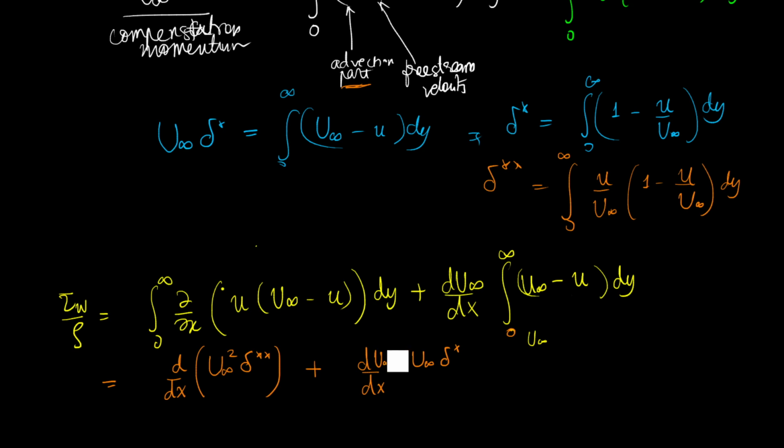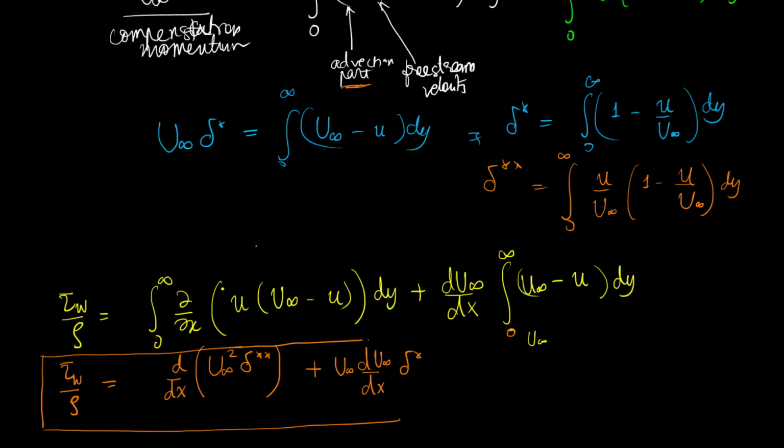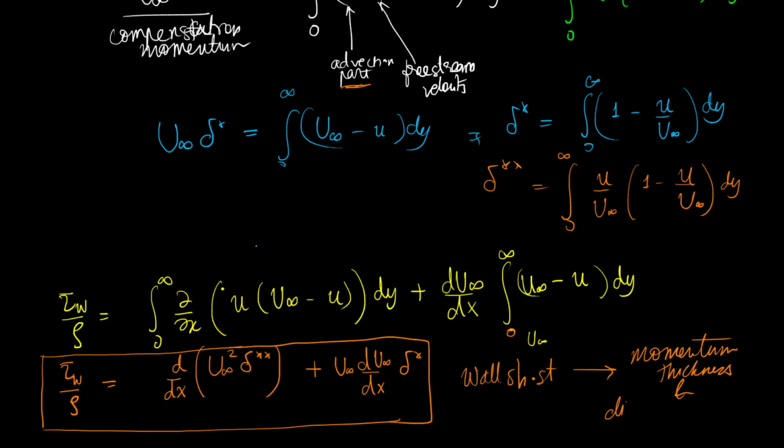So if I can write it in this form, u infinity du infinity/dx times delta star. So with all this simplification, we are able to write down the wall shear stress in terms of the momentum thickness and displacement thickness.